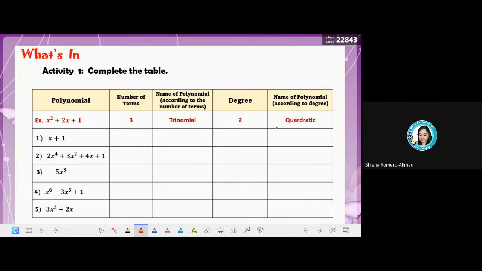For number 1, ilan po yung number of terms? You can type your answer sa ating info messages. Kung ilan yung terms sa number 1, 2, 3, 4, 5, lagyan nyo lang po ng number para alam ko.